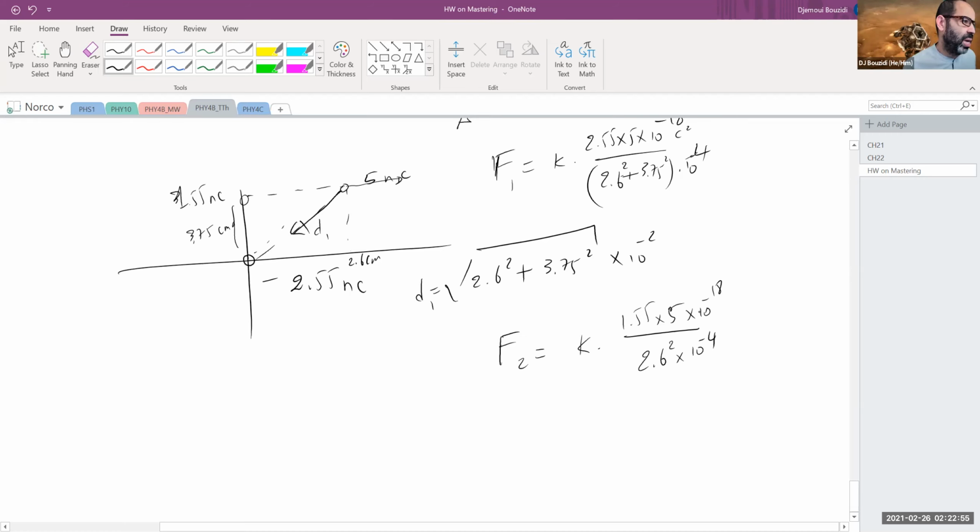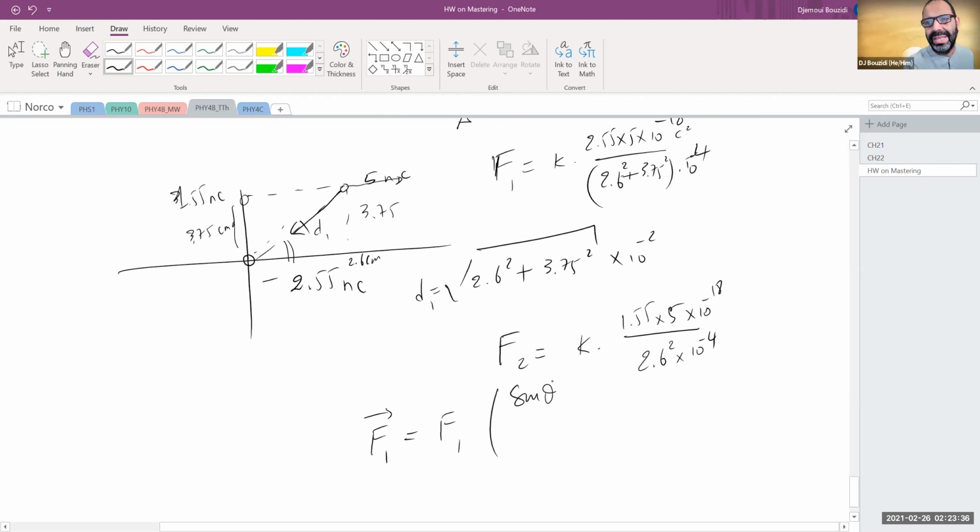So that's the magnitude of these forces. But they want the total force as a vector, which is fine. I can use whichever method you like. For this force F1, if I can find this angle, and it's easy to find, its tangent is equal to 3.75 divided by 2.6, then I'm in business. I can write F1 as this magnitude, a numerical value I'm going to come up with, and its x component is going to be this magnitude times the sine of theta.